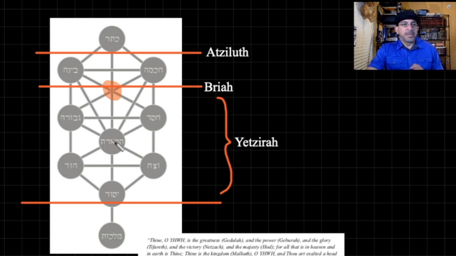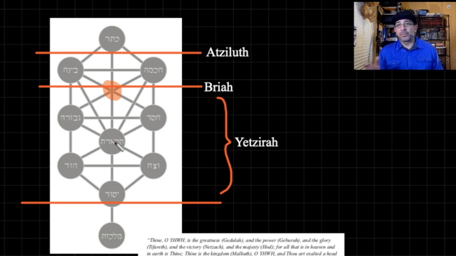Okay, so Tiferet, it's in the world of Yetzirah. The body part that is attributed to Tiferet is the heart, the torso. The name of God attributed to Tiferet is Yud-Hei-Vav-Hei Elohim Vedaat.